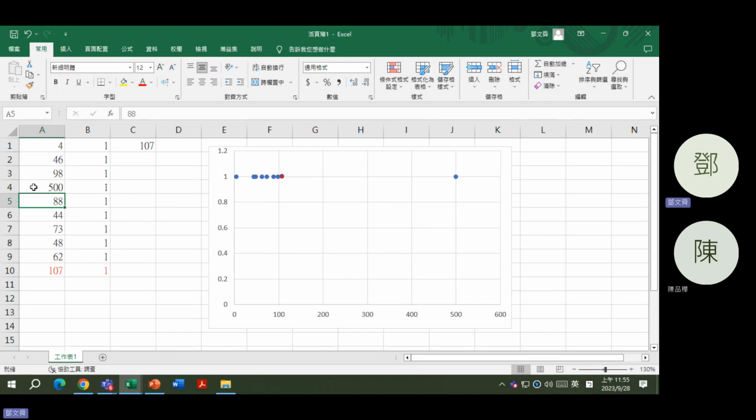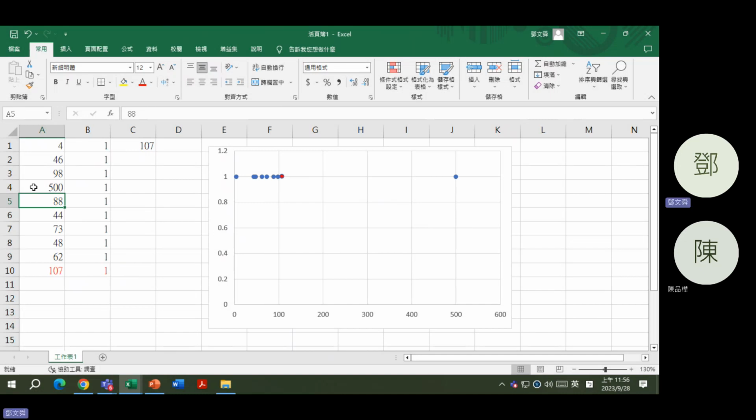Went right, driven to the right. Why? Because the extreme value goes further and further to the right, and then it is driven to the right. Okay?